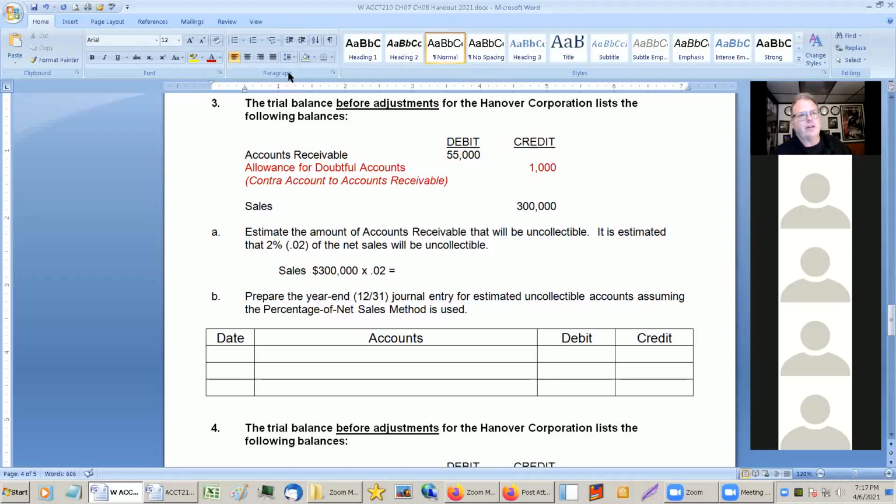Time for Mr. Calculator. Hello, Mr. Calculator. $300,000. So 6,000. So this is our estimate.